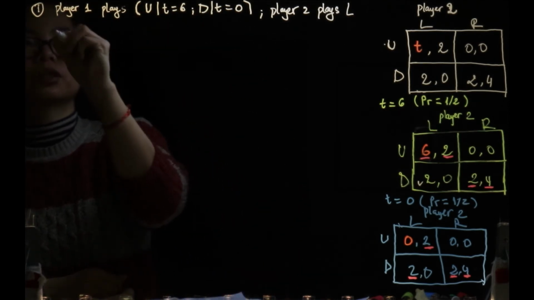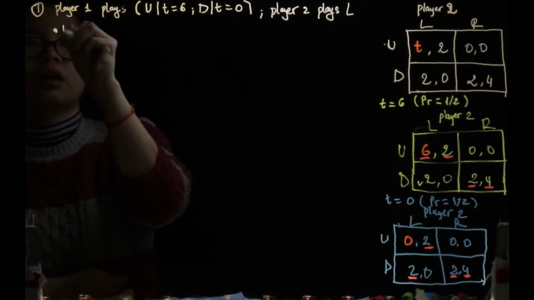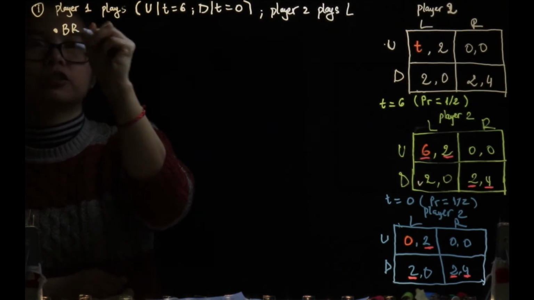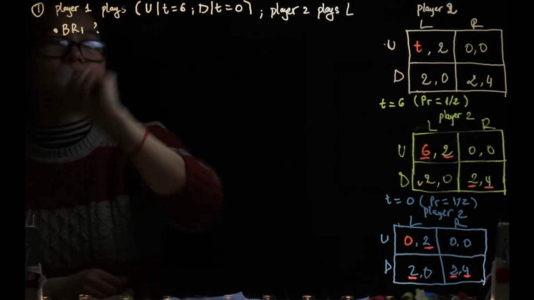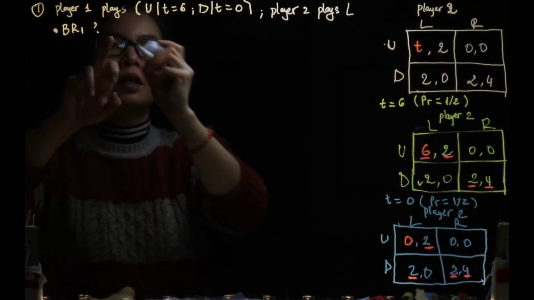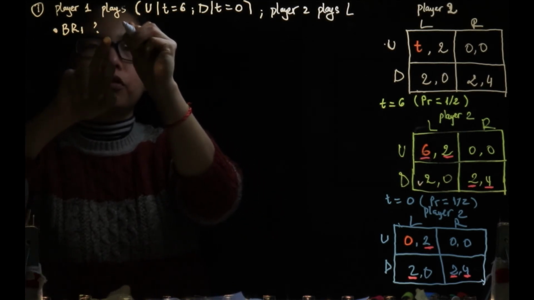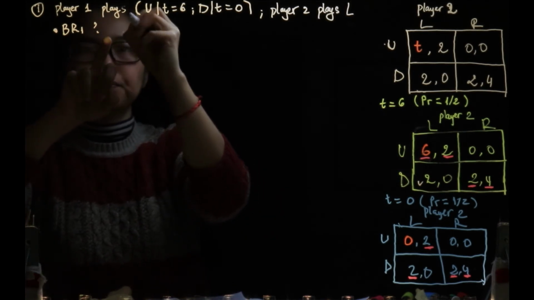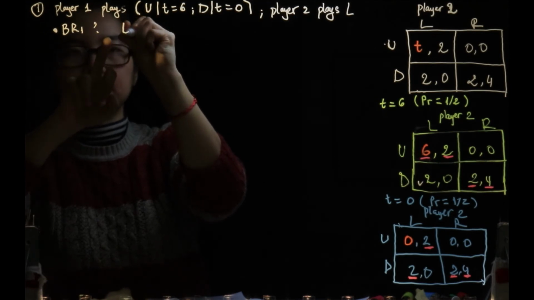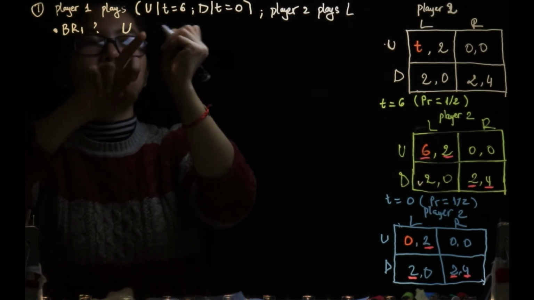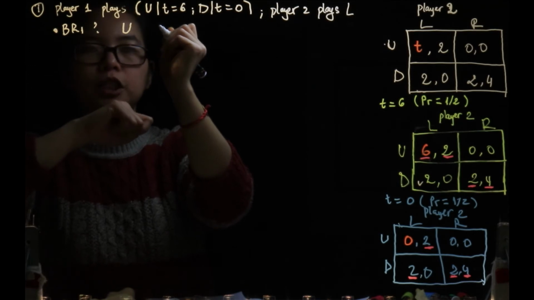So let's do it for player 1, best response 1. For player 1 it's easy because he's certain about his type and about the strategy.